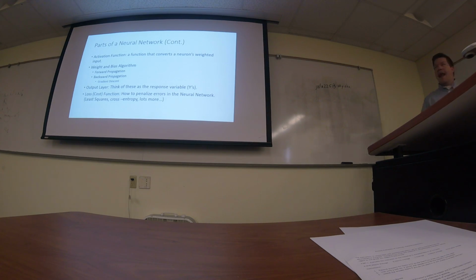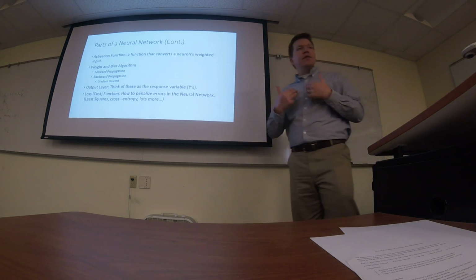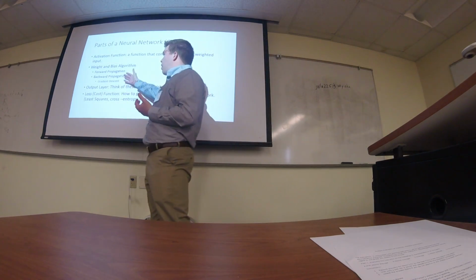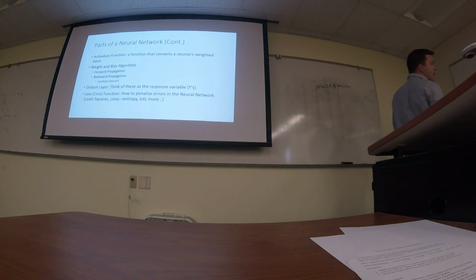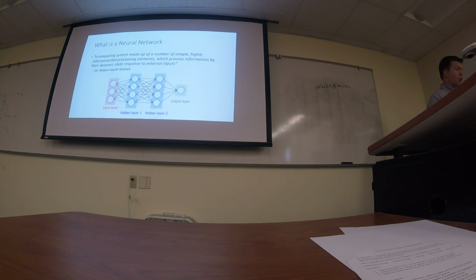There's an algorithm that determines what the weights and the biases need to be, and it's called forward and backward propagation. And there's this thing called gradient descent, and it's real fancy, and it's not something I'm going to go into, but basically it's an algorithm that's used to come up with these weights and biases. There's a thing called an output layer. Again, that's your y's. That happens on the right. That's where the predictions are made.